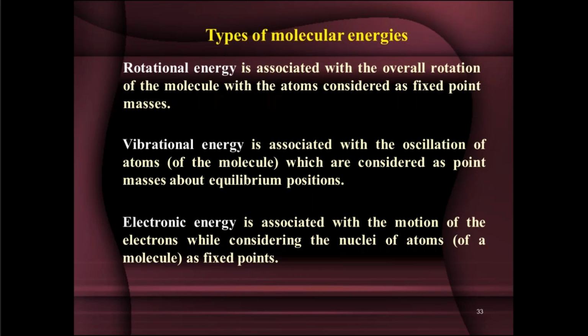Then you have the electronic energy. This is associated with the motion of the electrons while considering the nuclei of atoms of a molecule as fixed points. So here we are going still further inside the molecule. You have the atoms, and within the atoms there's a nucleus and circulating electrons.